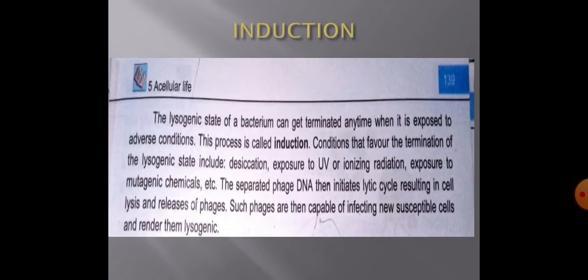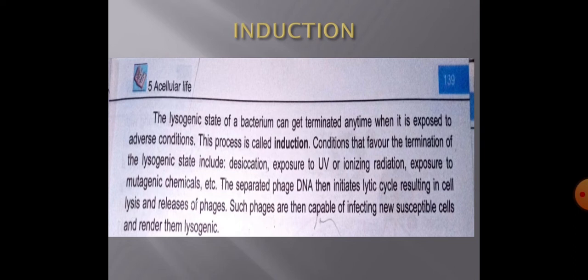On page number 139, you find the last paragraph on the replication of bacteriophage in the lysogenic cycle. As you can see in these few lines, the lysogenic state of a bacterium can get terminated any time when it is exposed to adverse conditions, and this process is called induction.